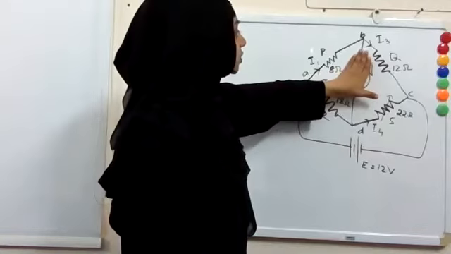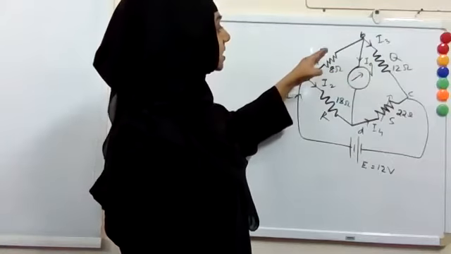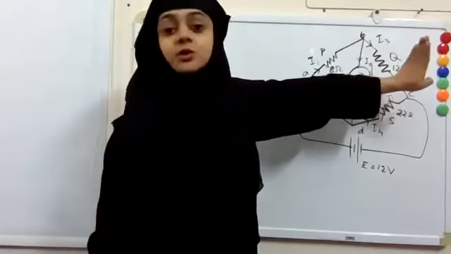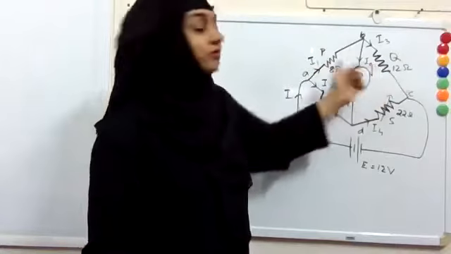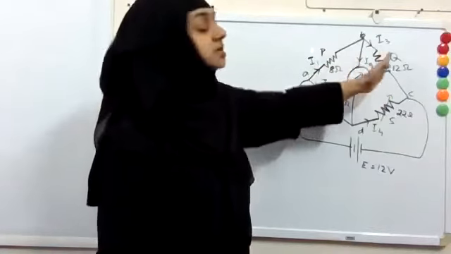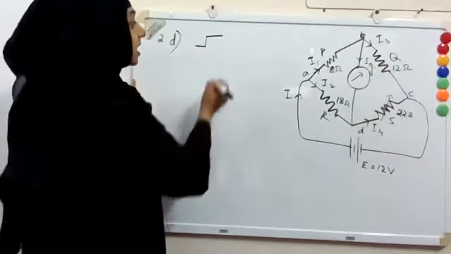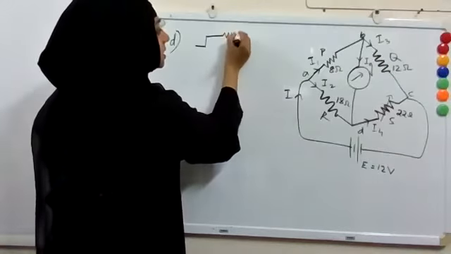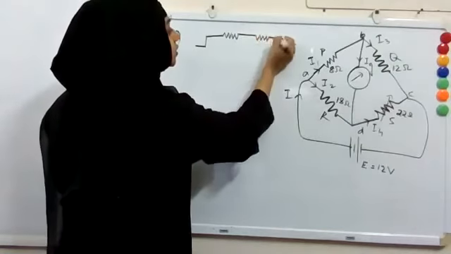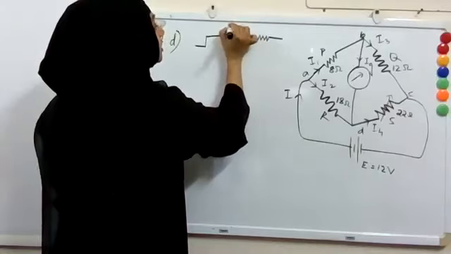Now suppose there is no galvanometer. So this current I1 will go through P and Q, or P and Q will act as two series resistance in the absence of galvanometer. So in the absence of galvanometer, it will act as P and Q, nothing connecting between them.